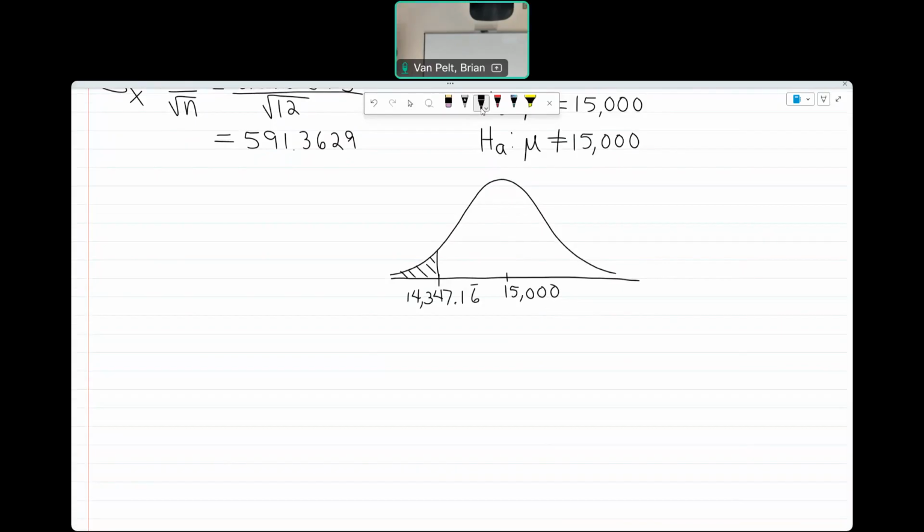What's the next step? Basically, you're going to use the T-score in this problem. The T-score is X bar minus mu of X bar, which is just mu, over S of X bar.